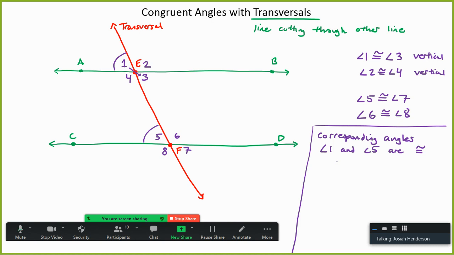So that means all of the corresponding angles we see are congruent. Angle 2 is congruent to angle 6. They're corresponding and they're congruent. Angle 3 and angle 7 are in the same position.